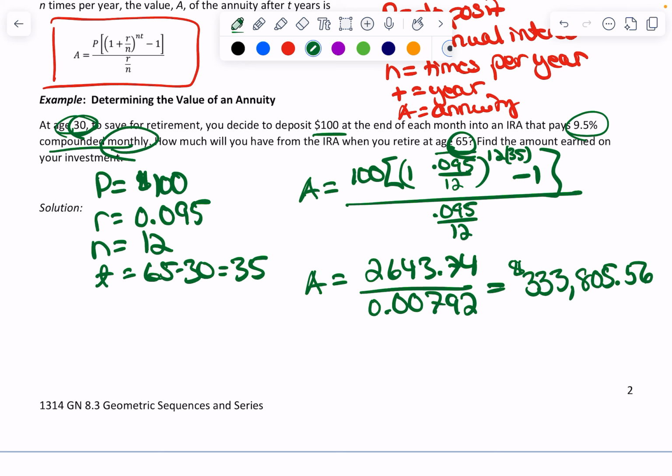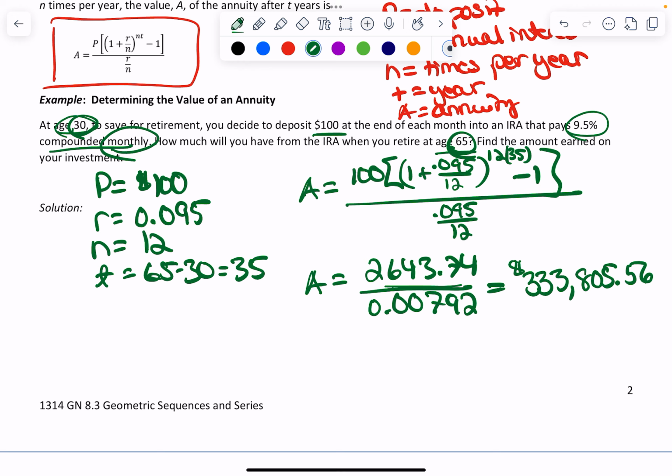Sorry about that. 1 plus 0.095 divided by 12, parentheses closed, to the power of 12 times 35 in the exponent. Then we take that down, minus 1, parentheses closed. Yeah, we get this right here. And then 0.095 divided by 12 is 0.0972.